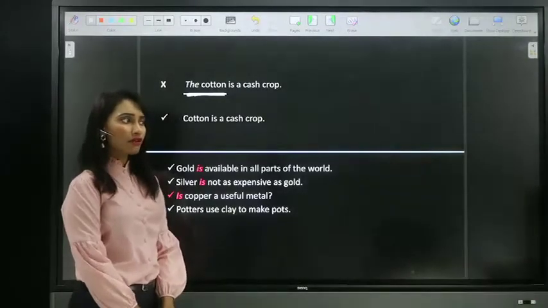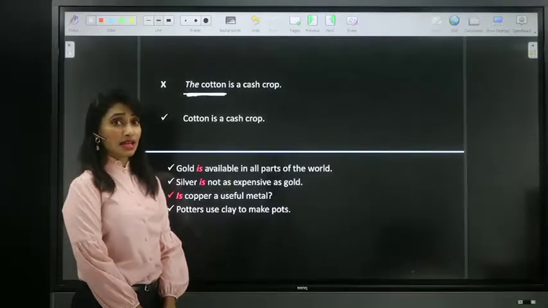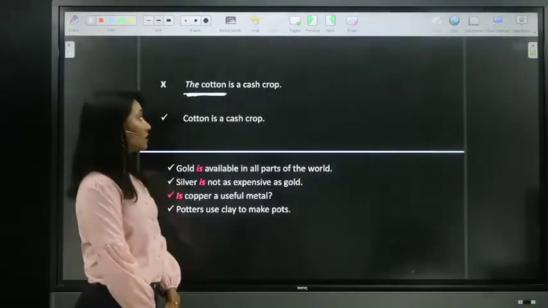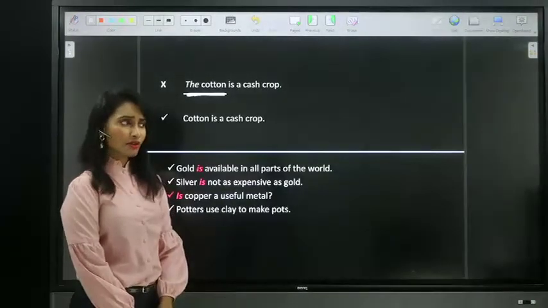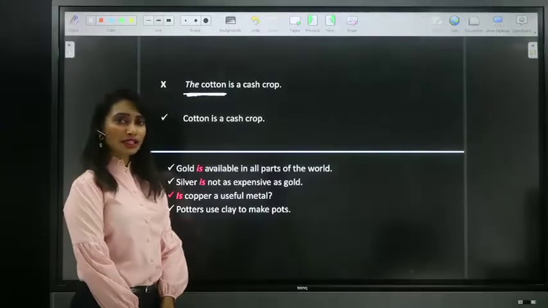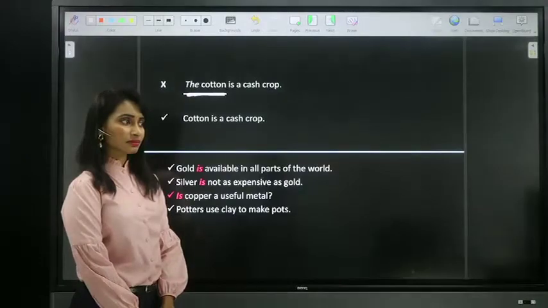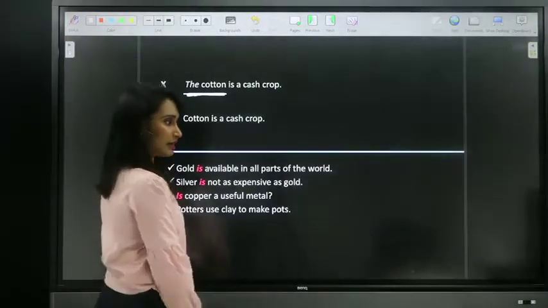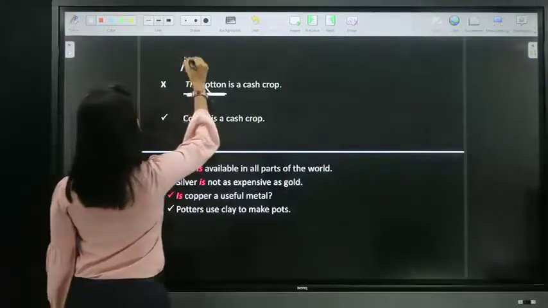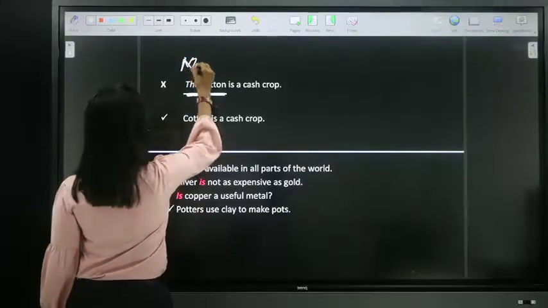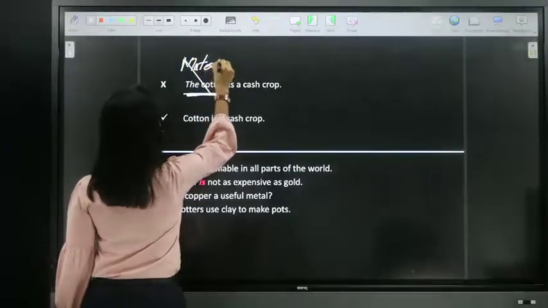In the types of nouns which we discussed yesterday, cotton comes under what type? Good, Kartikeyan. It is a material noun. So cotton is a material noun.